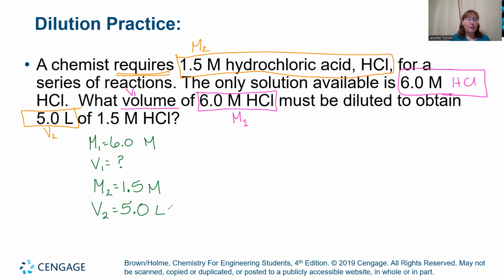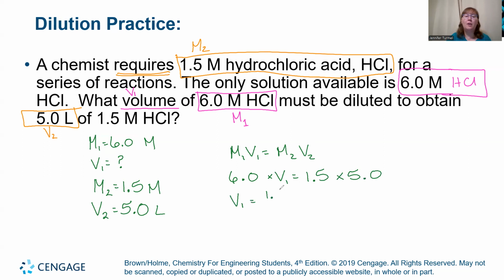Now we set this up using M1V1 equals M2V2. So we have 6 times V1 equal to 1.5 times 5. We can solve for V1 by doing 1.5 times 5 divided by 6, and that means that our V1 value will be 1.25 liters.